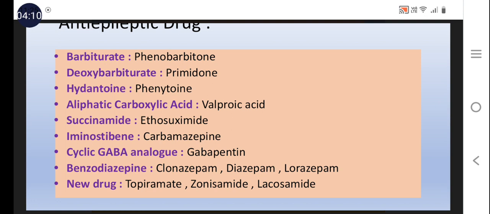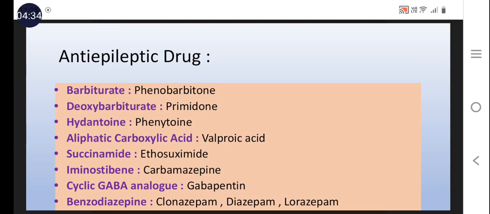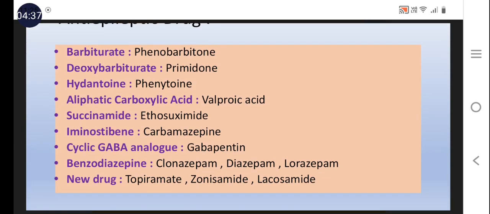Then benzodiazepine class drugs, that is clonazepam, diazepam, lorazepam, have a GABA facilitatory action. GABA is an inhibitory neurotransmitter in our body. These drugs are also used in treatment of insomnia as sedative hypnotic class drugs. So all this is about the classification of anti-epileptic drugs.